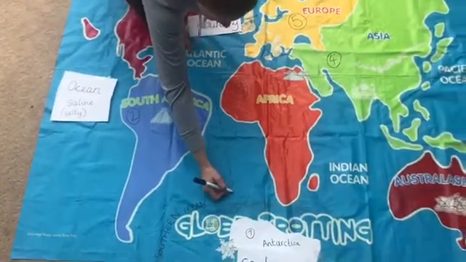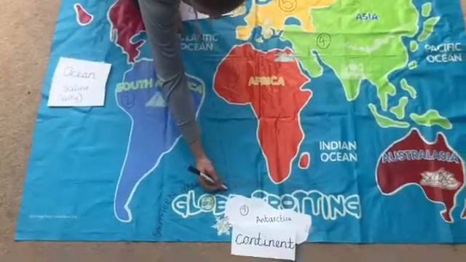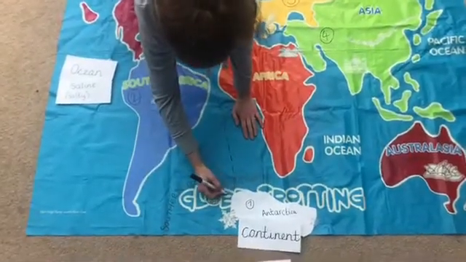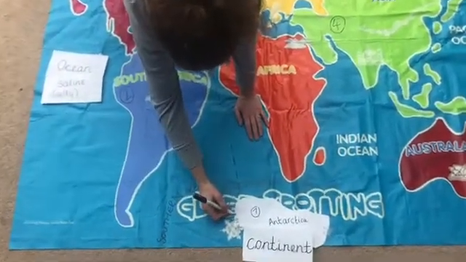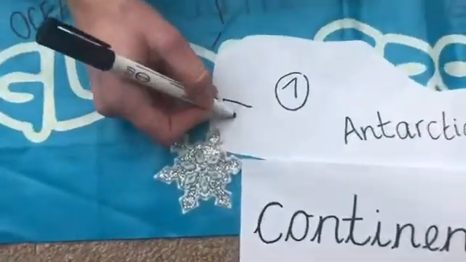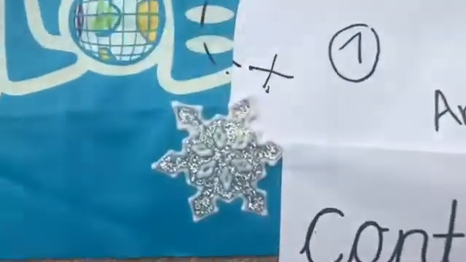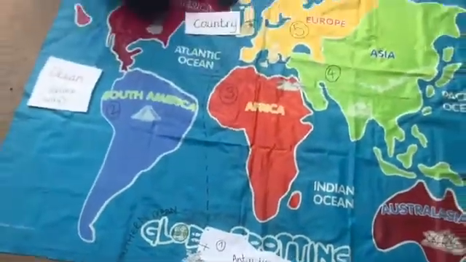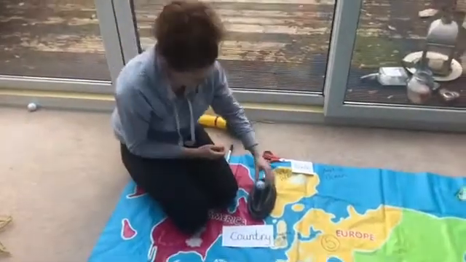So now I might start to see some icebergs in the Southern Ocean and some snowy mountains. And then I will get to Antarctica here.